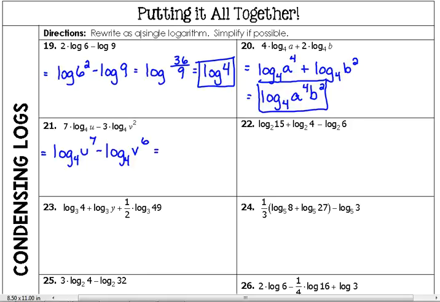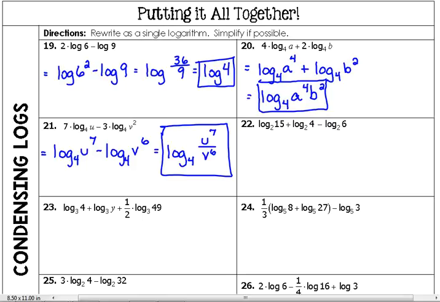We're subtracting. So when we subtract, if we make it a single log, what do we do? Divide. So u to the 7th over v to the 6th. Make sure there's a difference between your u's and your v's so that you don't think that you can simplify that more, because you can't. They have different bases, so you can't do anything else to it. That is it.